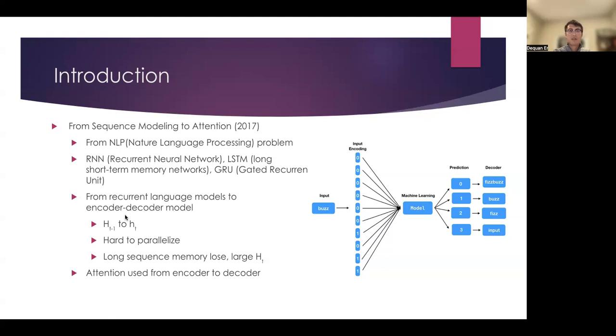That's majorly how Google Translate works from one language to another. They use a hidden state at a certain time, and you know the previous time's hidden states, and you keep doing that until you train your recurrent neural network. So they also have the problem of long sequence memory loss.